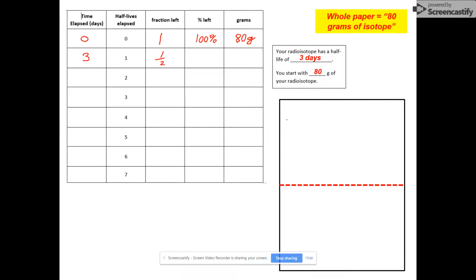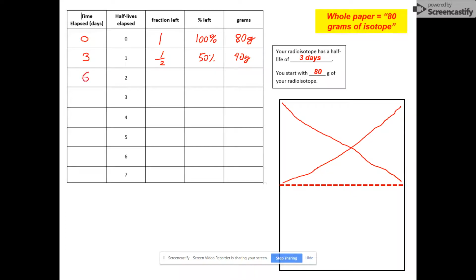Okay, and so what that means with your paper is fold it in half, and then we just draw a big X through this. This half has decayed and transmutated into something else. We've got half of it left, so we've got 50% left, or 40 grams of our original isotope is left. This is 40 grams. It was 80, now it's 40. Okay, 2 half-lives elapsed.